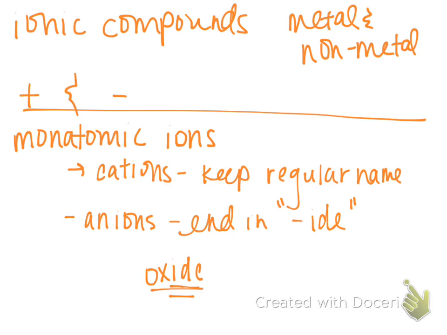Oxide. So anytime you see that ending IDE, that tells you we're dealing with oxygen -2. We're not just dealing with regular neutral oxygen, we're dealing with oxygen now that has a charge. Okay, so that ending, IDE, is important. It tells us that we're dealing with the charged particle.